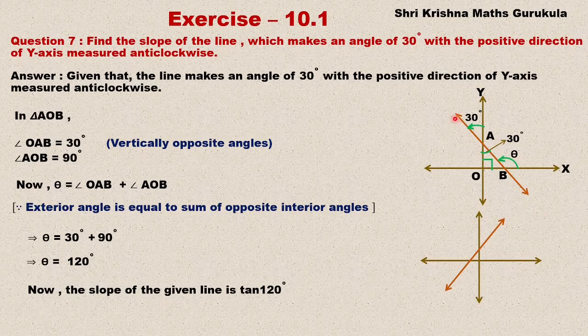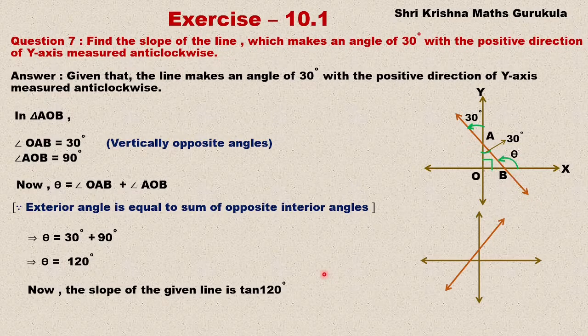When we take the line like this, the angle made with the positive direction of y-axis in anti-clockwise direction will be 30 degrees, but the inclination with the positive direction of x-axis will be an obtuse angle. When the inclination is obtuse, the slope of the line will be negative because the angle is greater than 90 degrees. The angle lies in the second quadrant.